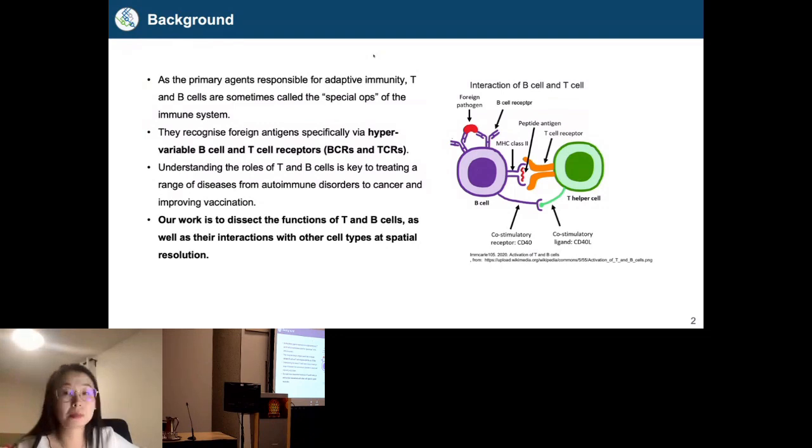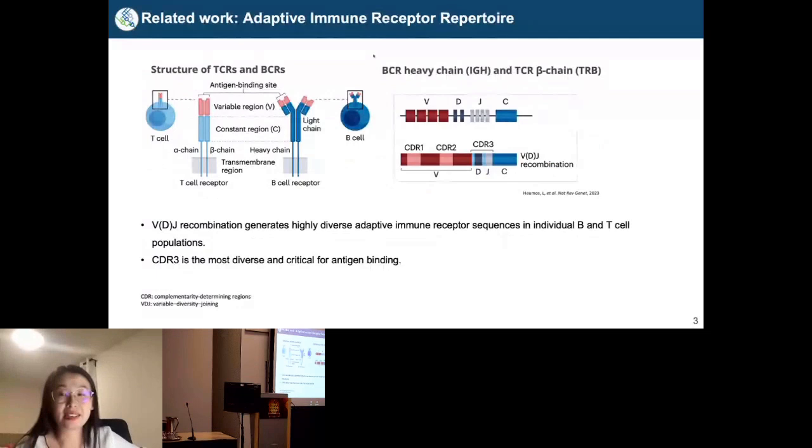So, as we already know, BCR includes light chain and heavy chain, and TCR is made up of alpha and beta chain. They are hypervariable due to a procedure called VDJ recombination.